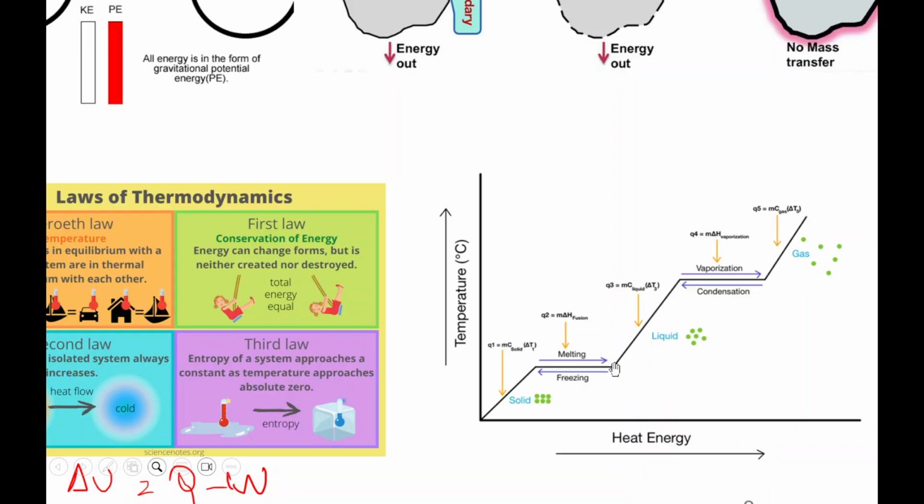Then from solid it converts to liquid. In the liquid phase, suppose water is at 0 degrees Celsius, or you can say water is at 10 degrees Celsius, and you keep on increasing the temperature to 100 degrees Celsius. Basically, the water is still in the liquid form. At 100 degrees Celsius, as you are adding the heat energy, and at 1 atm pressure, obviously, the phase changes from liquid to gas.